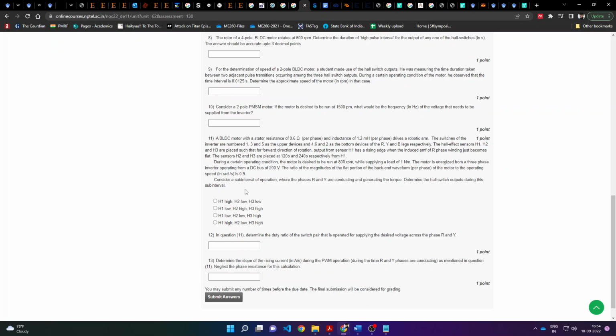800 RPM, supplying a load of 1 Newton meter. The motor is energized from 3 phases, with the inverter operating from a DC bus of 200.